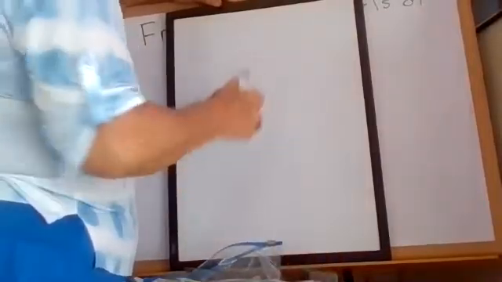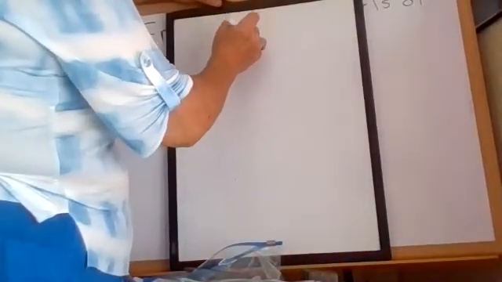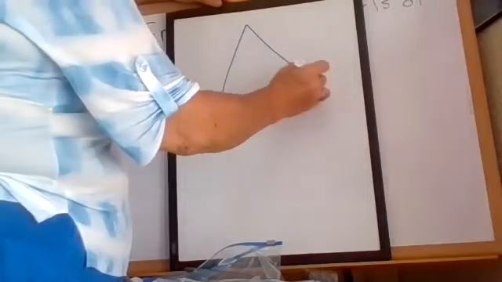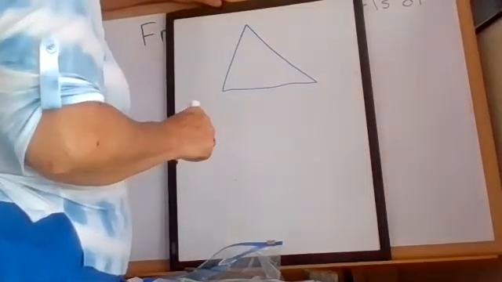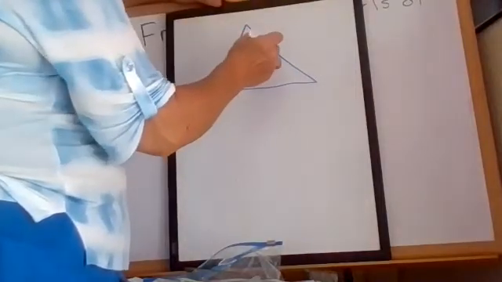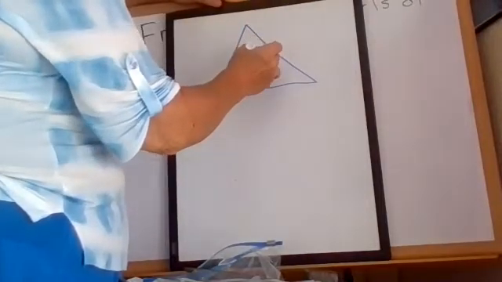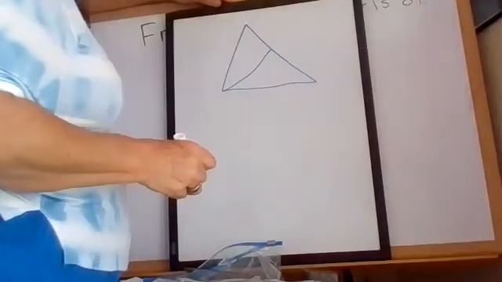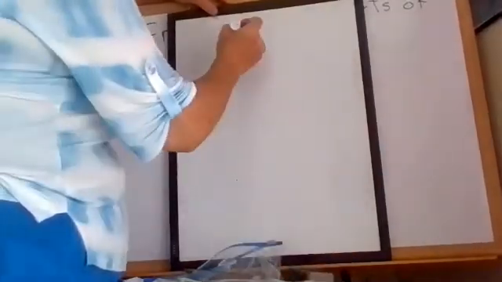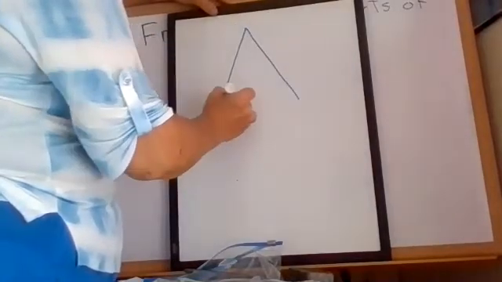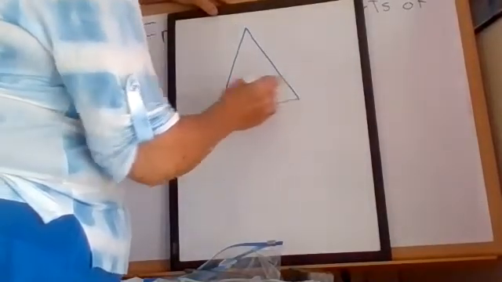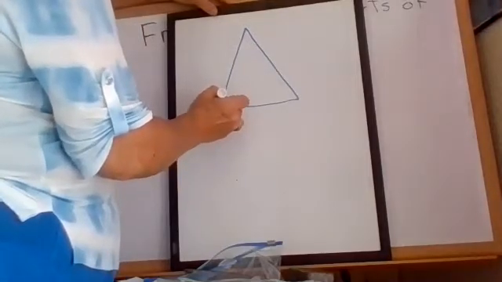Let's try a triangle. Now you're saying, how could I divide a triangle? If I divide a triangle like this, are the pieces equal? Well, let me draw it again. I'm going to go from this vertice.